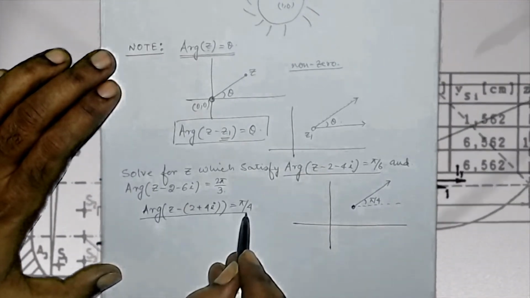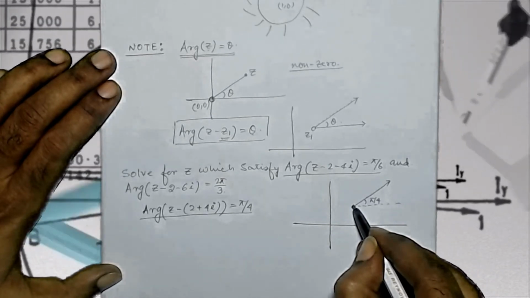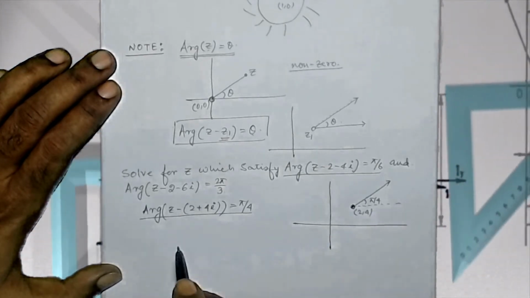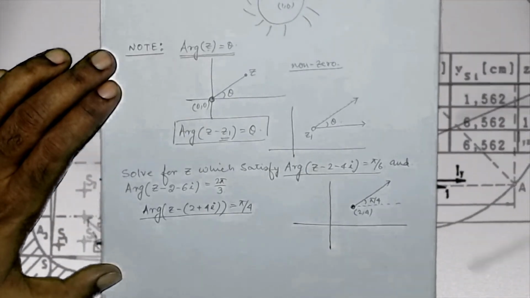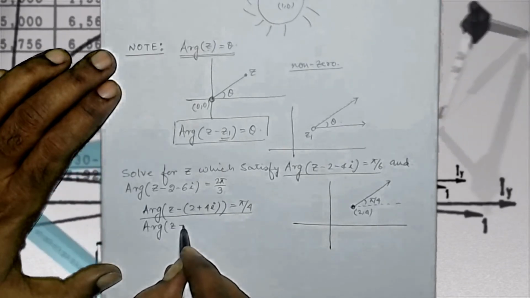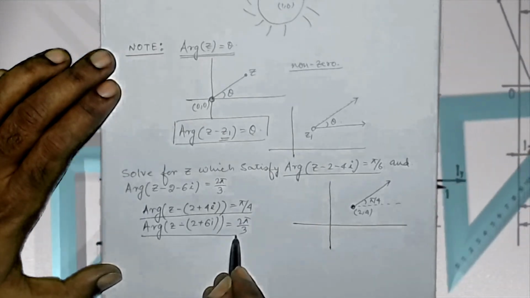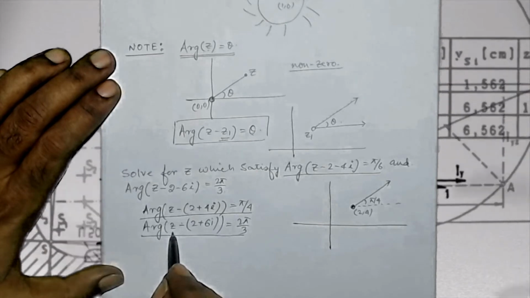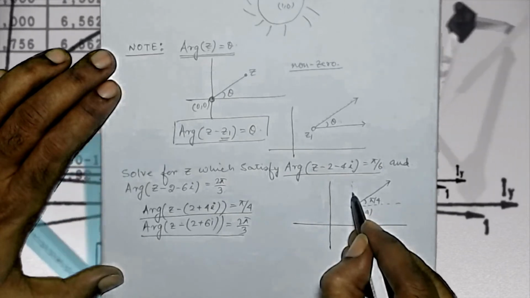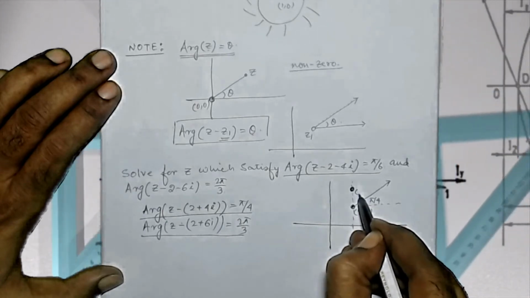So for this equation, your z is lying anywhere on this ray except the point from where it is emanating, that is the point 2, 4. Z cannot take the value 2, 4. Yes or no? Okay. And for the next one, the second equation represents that z is lying on a ray emanating from the point 2, 6. 2, 6 is somewhere here, let us say. So this point is 2, 6.